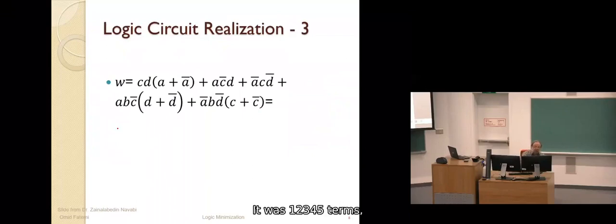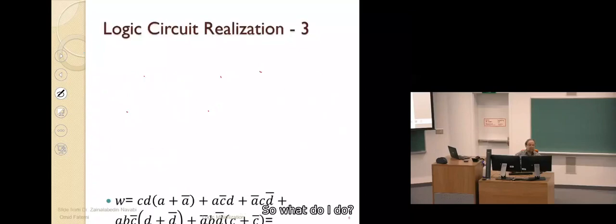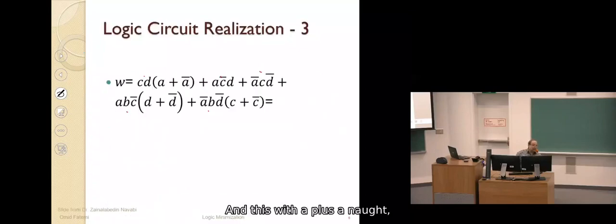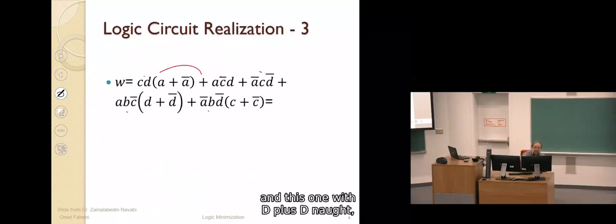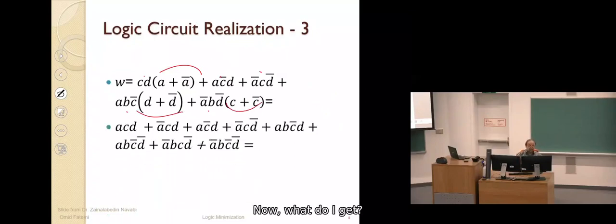It was 1, 2, 3, 4, 5 terms, and 4 of them have 3 literals, and 1 of them has 2. So what I do is AND this with A plus A naught, and this one with D plus D naught, and this one with C plus C naught. So what do I get?